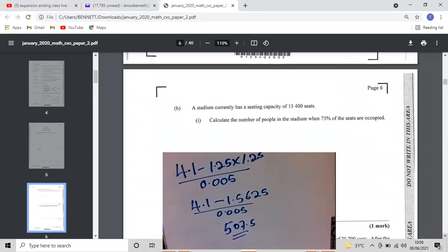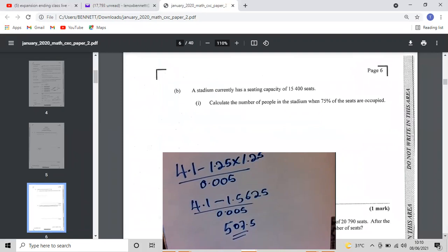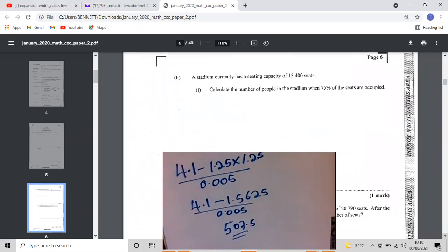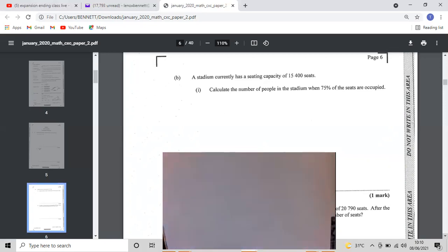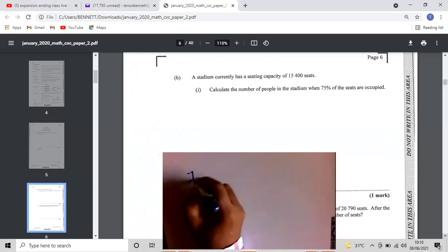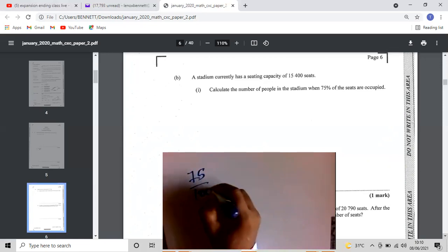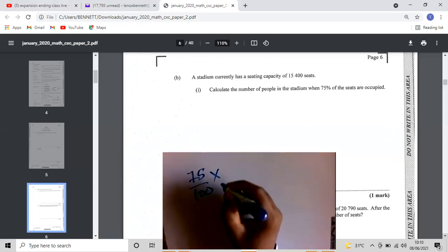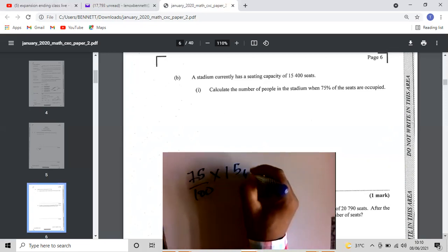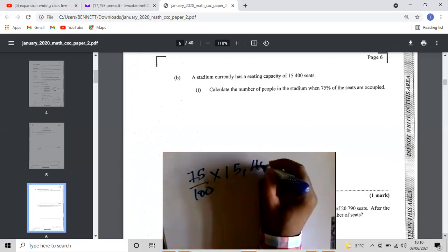All right, let's go down further. It says a stadium currently has a seating capacity of 15,400 seats. Calculate the number of people in the stadium when 75% are occupied. So we just find 75 out of 100 times the total, which is 15,400.